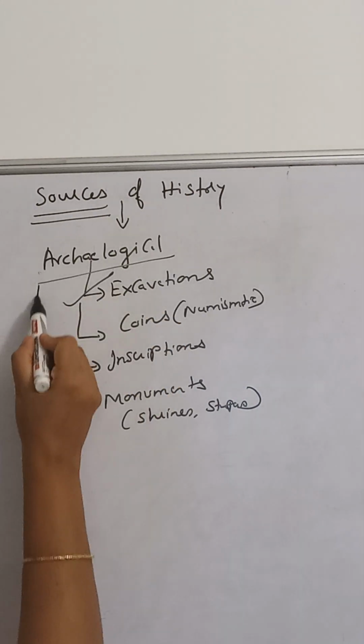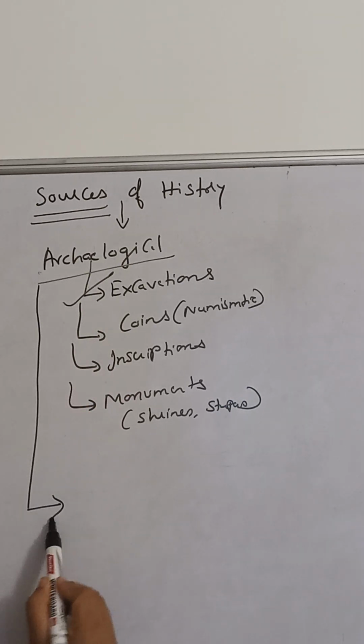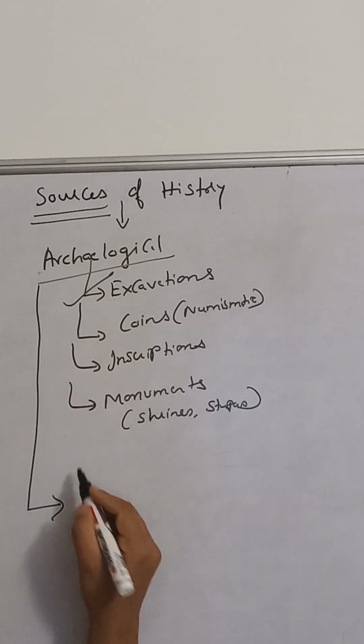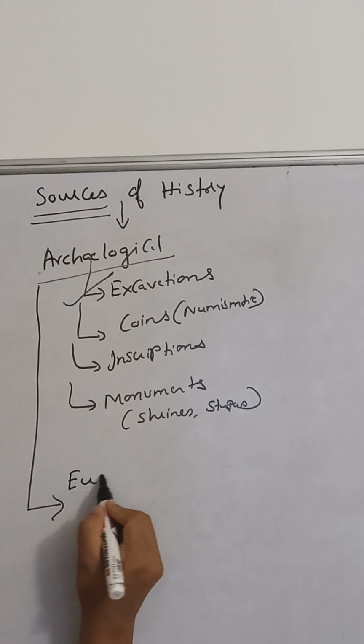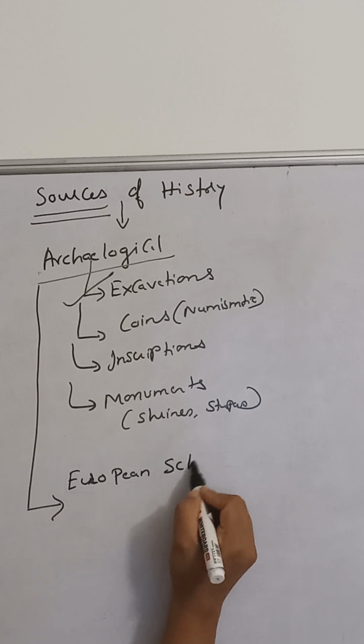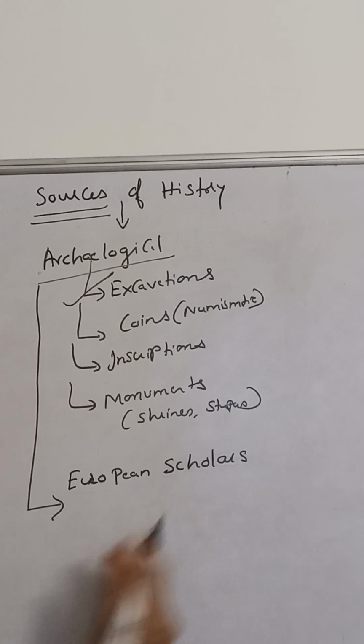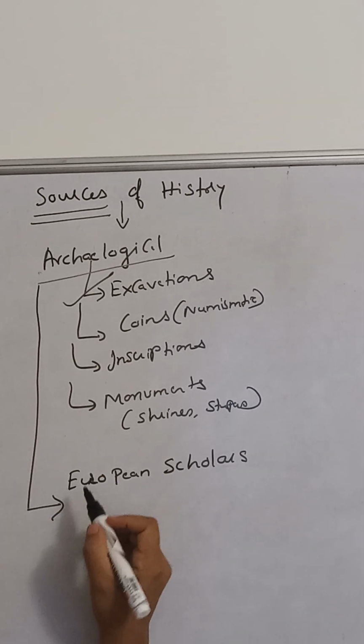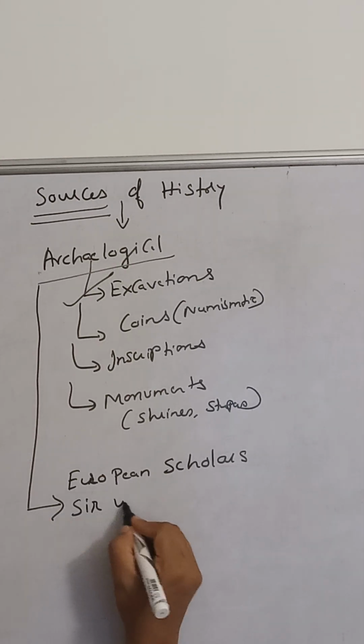Let me tell you a little bit more about archaeology. A few European scholars were interested in India and in understanding its history. One of them was Sir William Jones.